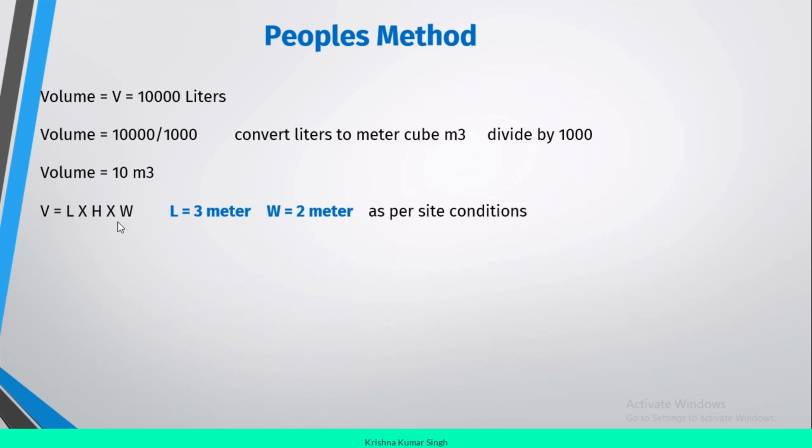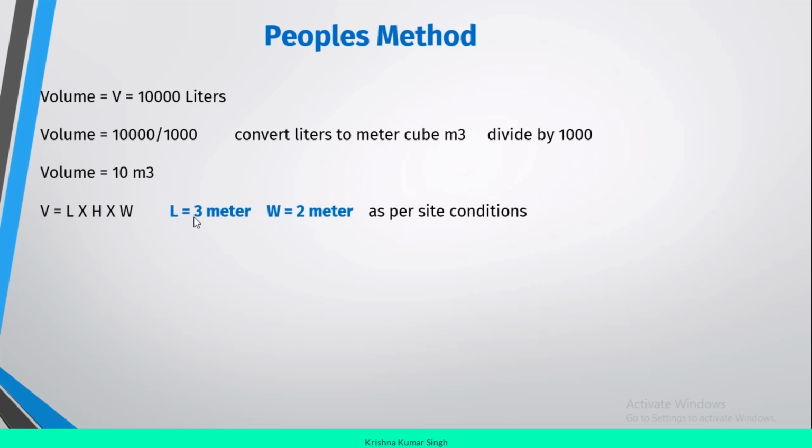Now to find out the dimensions of my storage tank, the formula of volume is equal to length into height into width. As we get the value of V is 10. Now as per site conditions, you have to go to your site and check the two dimensions.